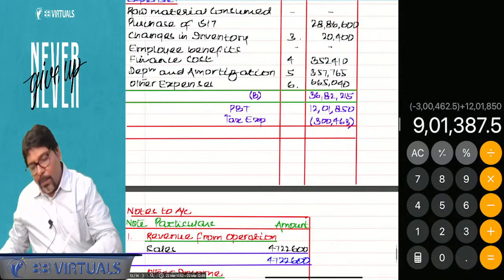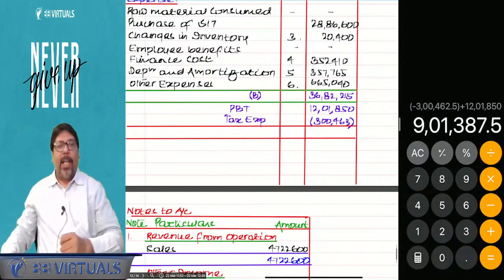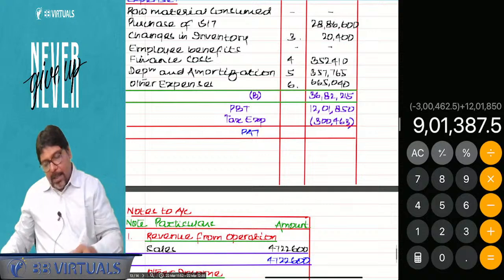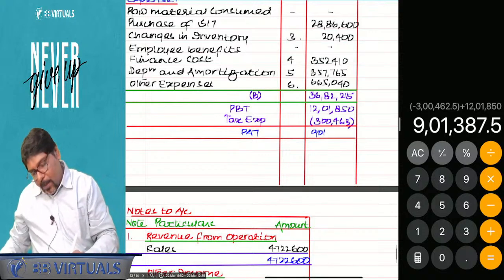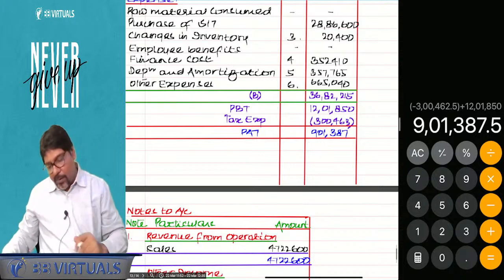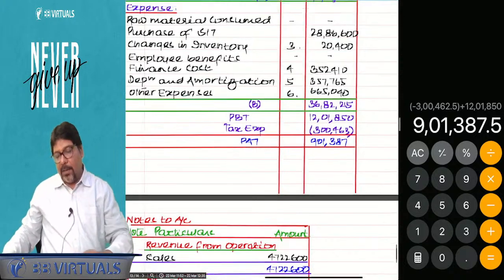Profit after tax is how much? What is profit after tax? 9,01,387. Correct? Yes or no? Yes, sir.